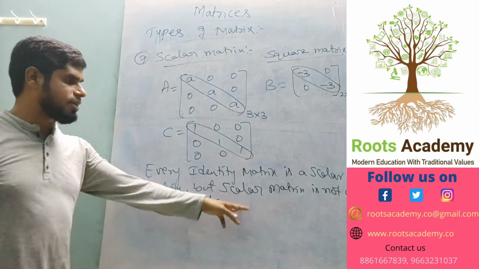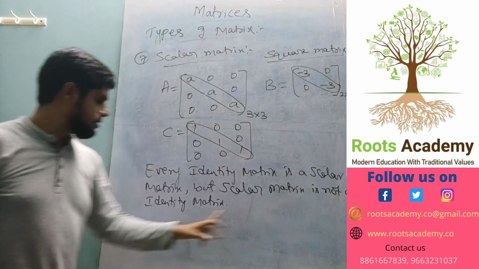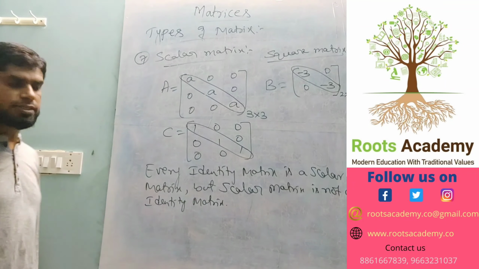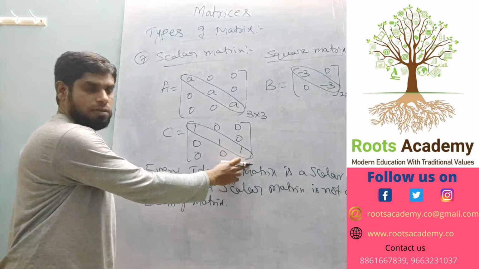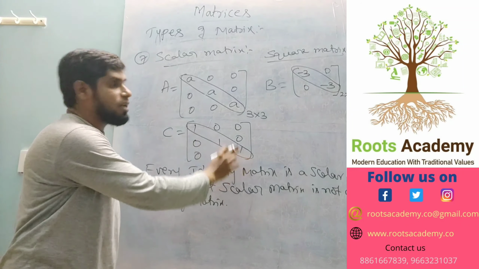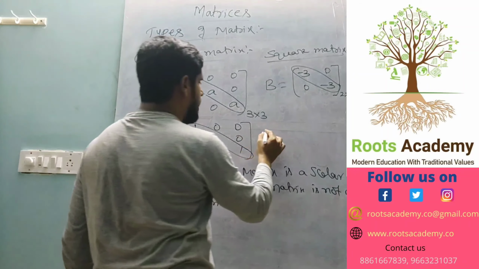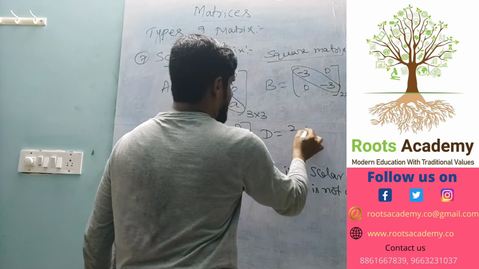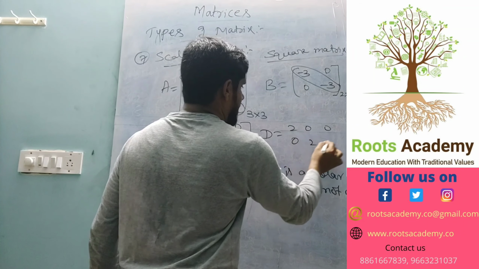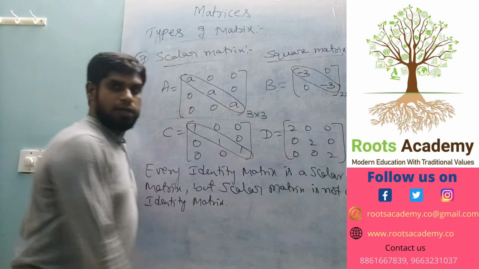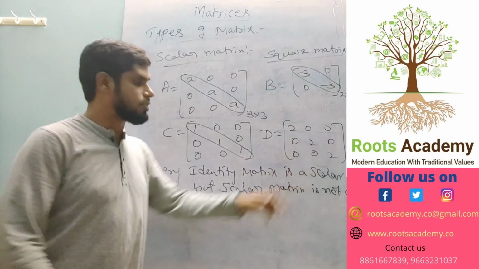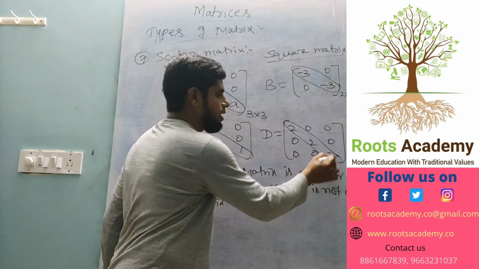But scalar matrix is not an identity matrix because, as I said, the principal diagonal elements must be equal in scalar. Then it can be like this also. Yes, see here, the principal diagonal elements are equal.